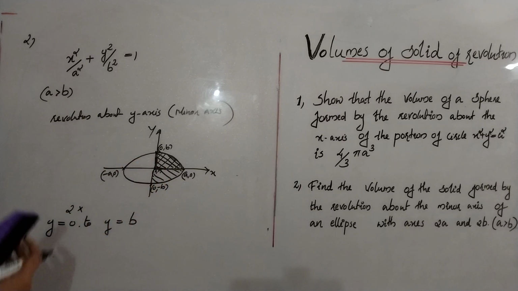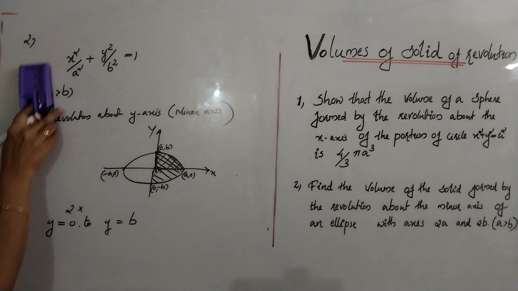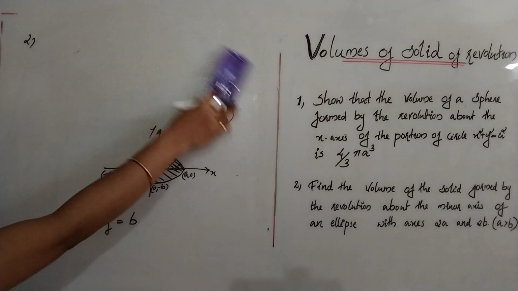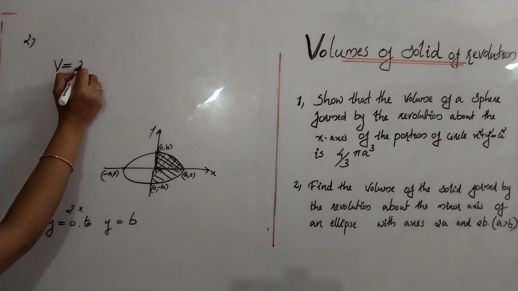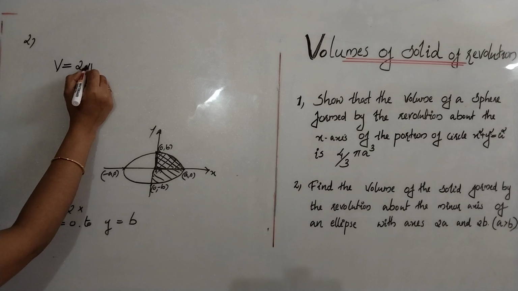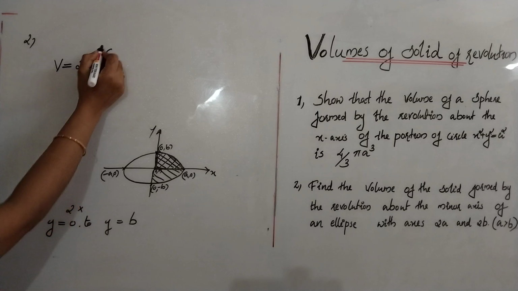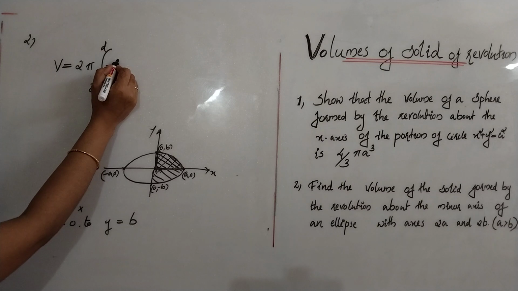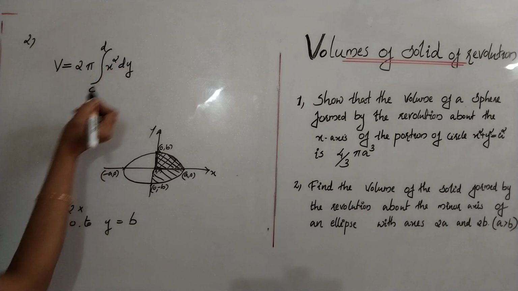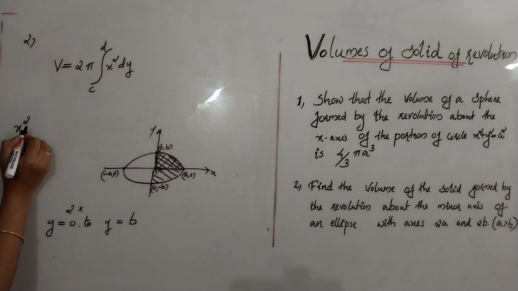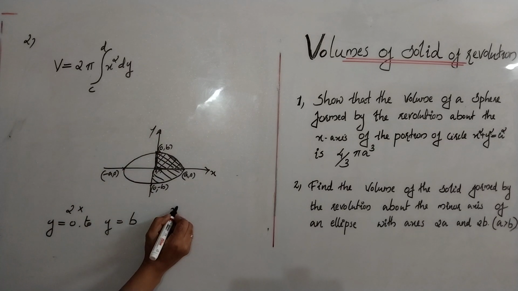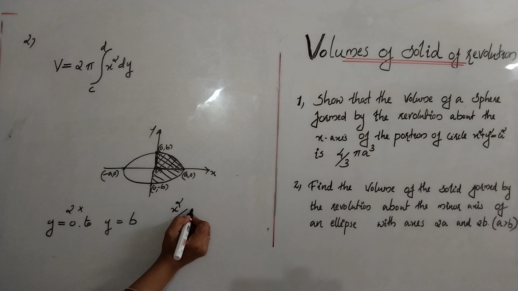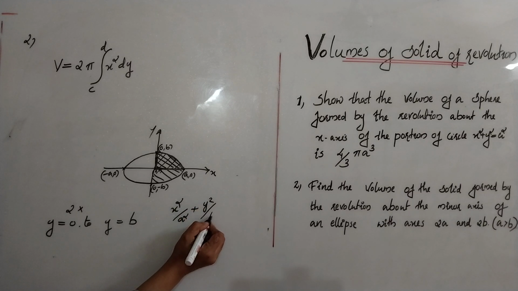So the required volume is V is equal to 2 times pi into the integral of x square dy. Here the equation of the ellipse is x square divided by a square plus y square divided by b square is equal to 1.